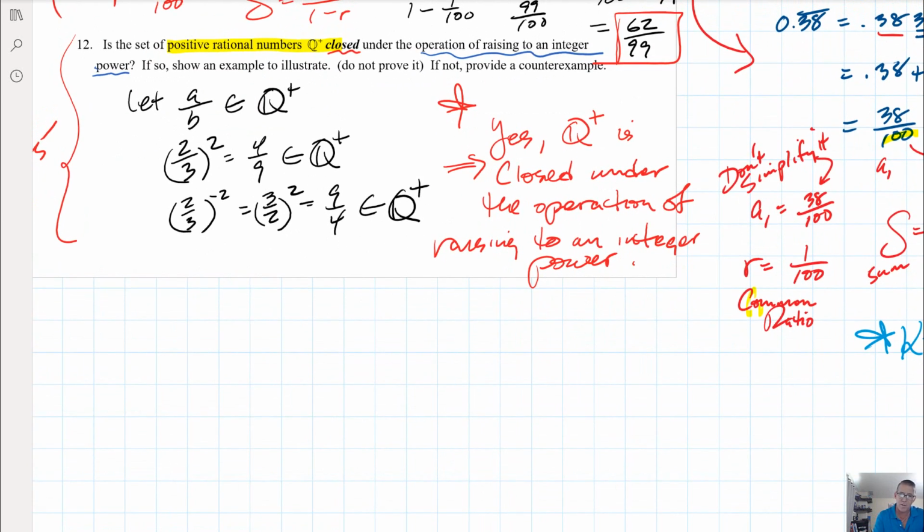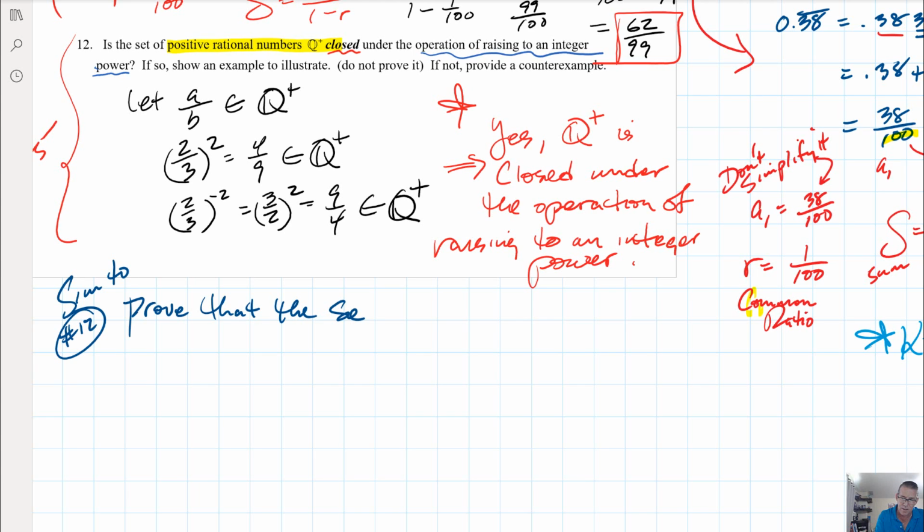Ours was different, so I'm going to state the problem that you guys had. Prove that the set of rationals, and this goes in your spiral here, is similar to number 12.